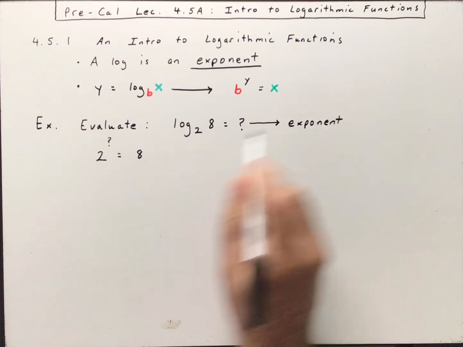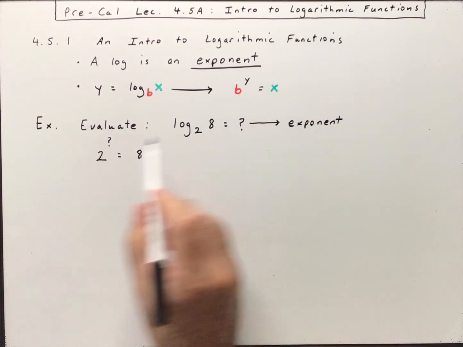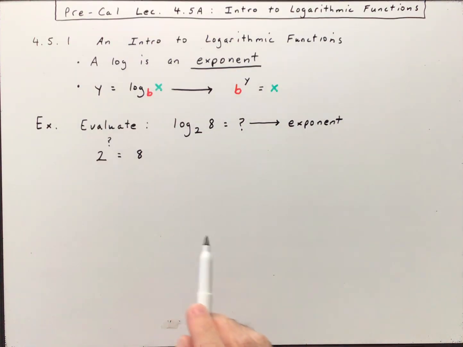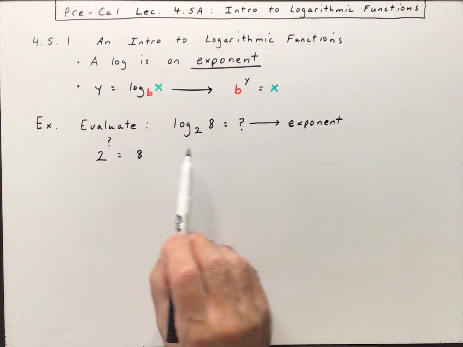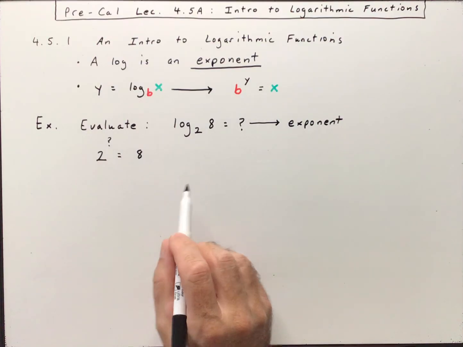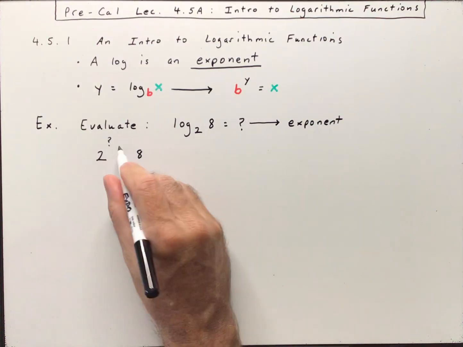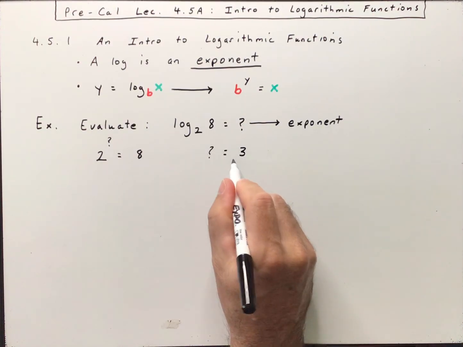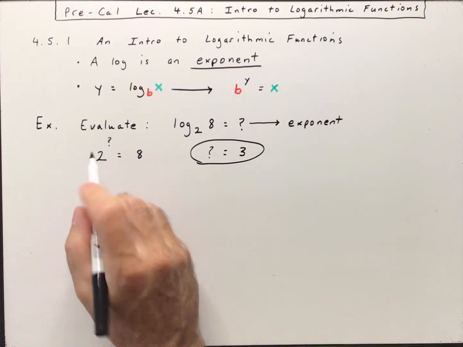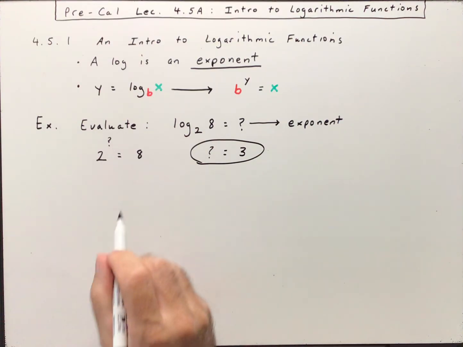Instead of having it raised to a base, we write it out this way. I'm teaching you now what it is, but it can be really, really useful in math. So what is question mark? Question mark is going to be equal to 3, right? So 2 to the third power is equal to 8.